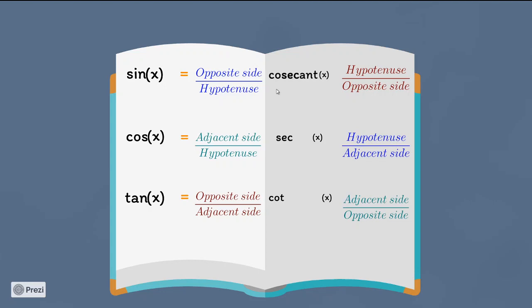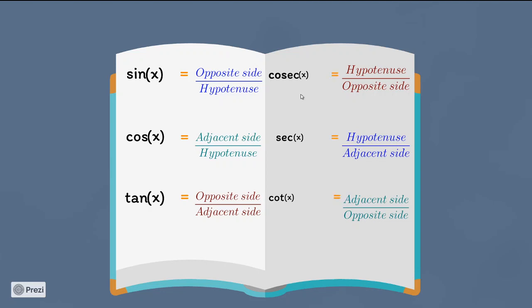Then cosecant, again take the first three letters, it will be cos. Okay, wait, that has an issue because we have another cos, so we cannot take the first three letters. We will take the first five letters, C-O-S-E-C, cosec. Now we have a different name. So these are our trigonometric ratios: cosec of x, sec of x, cot of x, and we'll put the equal sign.